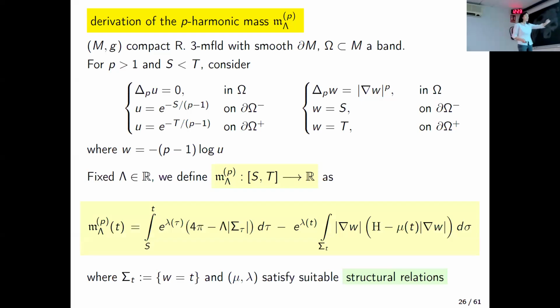So attached to it, for each level set of the W function, which ranges between capital S and capital T, we find this quantity here. And it's exactly here where I wanted to arrive, because of the question of Felix. We are going to see that this quantity is monotone, and then the P total masses will come out as the limit as t tends to plus infinity of this function, essentially.